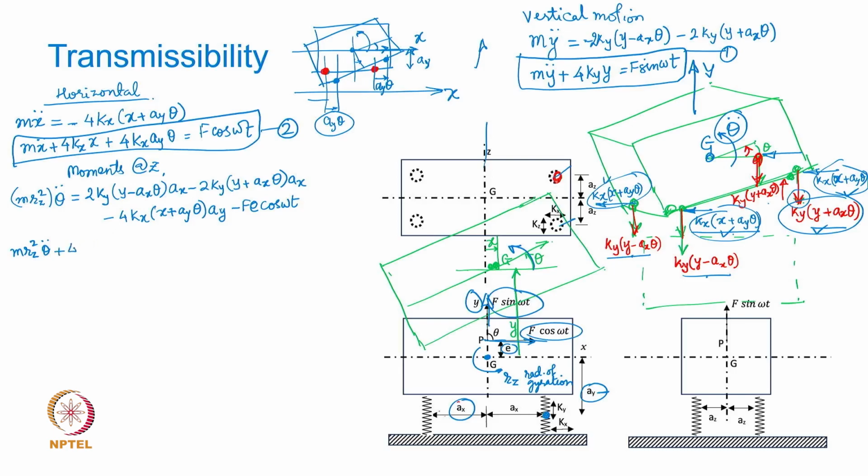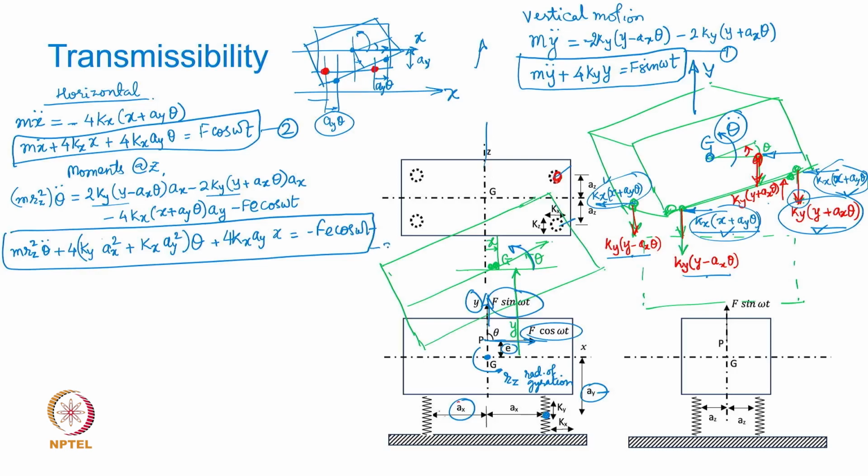So this is going to be plus 4 ay and ax square, sorry, ax square, and then this term and this term are going to cancel out, and then plus kx, so I can club this one as kx into ay square into theta, and then plus 4 kx into ay into x equal to minus F e cos omega t, and that is going to be my equation number 3.